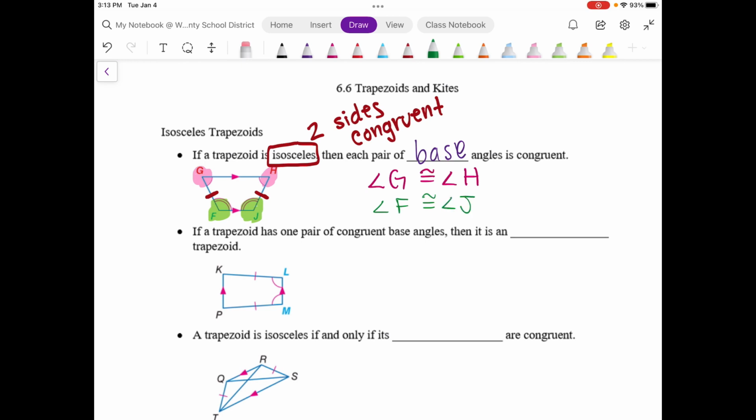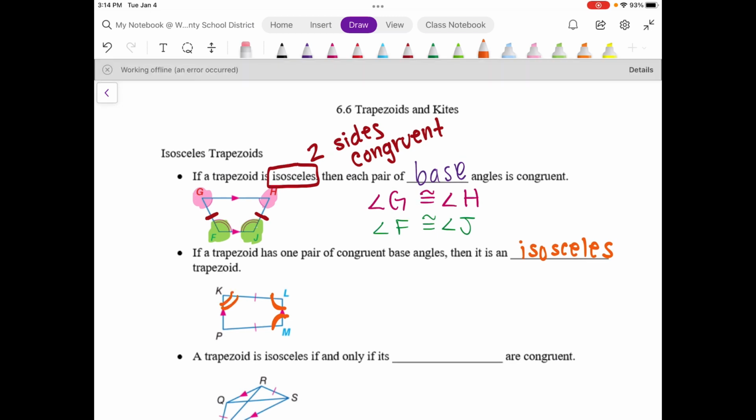Next, if a trapezoid has one pair of congruent base angles, then we can assume it is an isosceles trapezoid. So a lot of these definitions kind of go backwards, right? If I tell you that one base angle set is congruent, then the other one is also going to be congruent because these opposite sides are going to be parallel, so you can assume these sides are congruent.